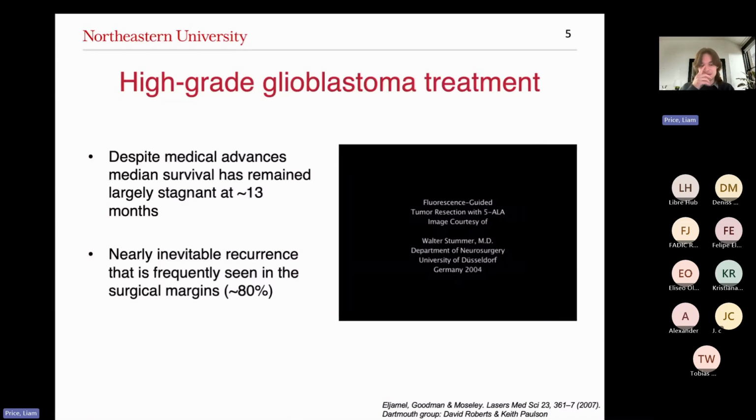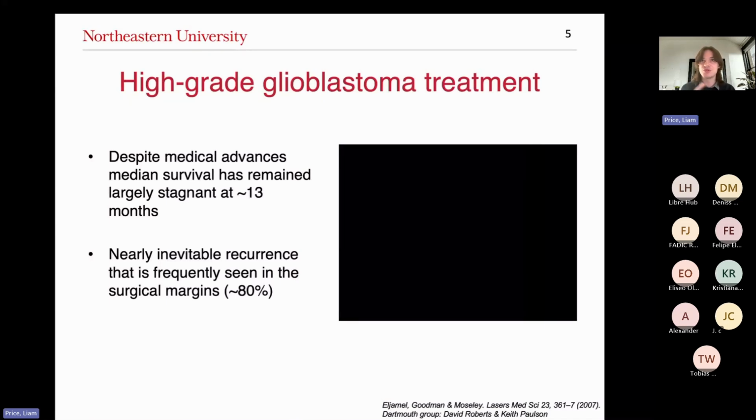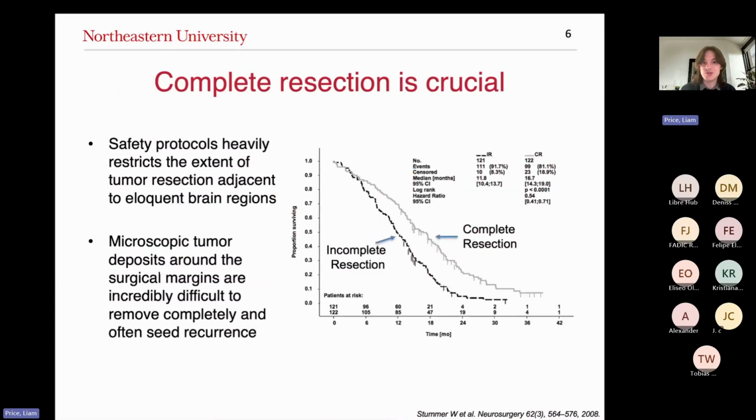And so one reason for this is that there's almost always this recurrence of the disease, regardless of how well the surgeon can get at the tumor. And this comes around to the idea of this complete resection.